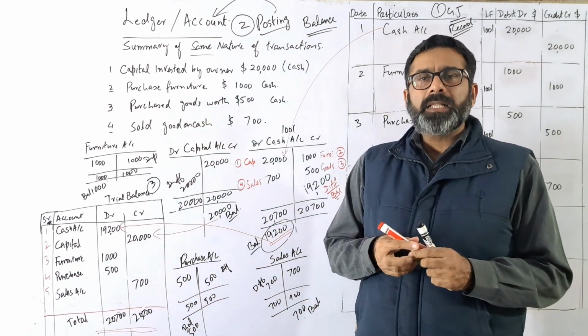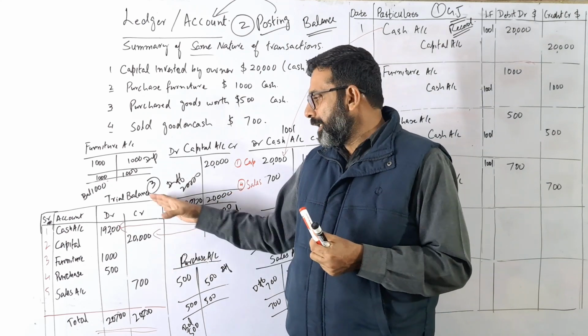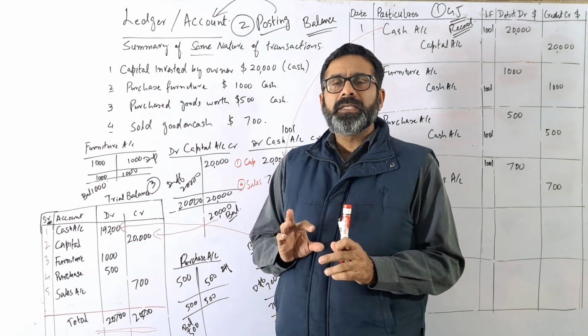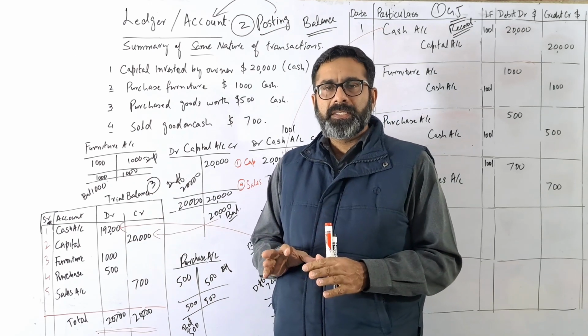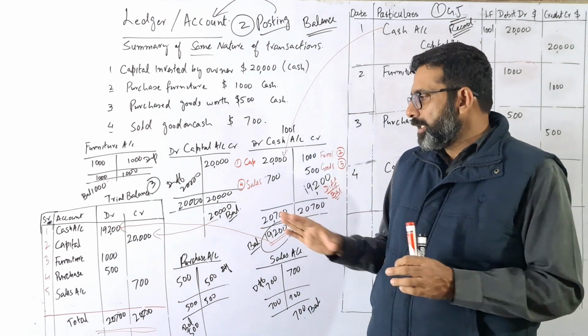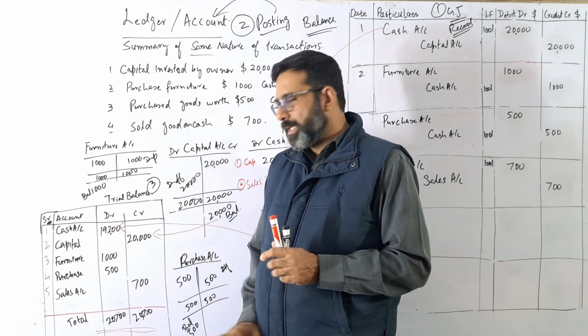It is also to check the arithmetical accuracy, whether the debit total and the credit total are equal. It means at least there is no mathematical mistake. Obviously there may be other possibilities of errors, but at least there is no mathematical mistake. So the debit side total and the credit side total are equal.